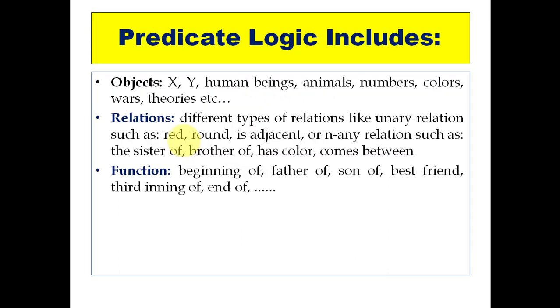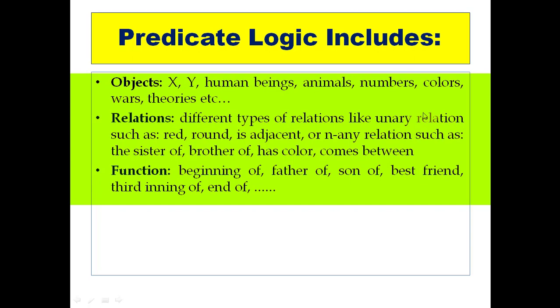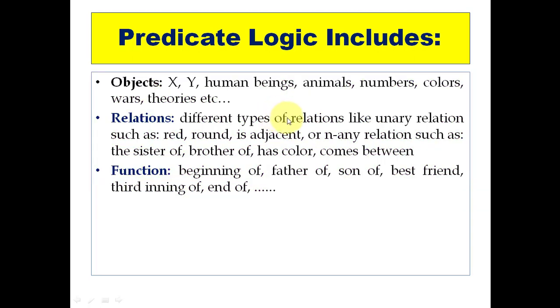So in predicate logic, we have objects, relations, and functions. Objects mean anything like x, y, human beings, animals, numbers, colors, words, theories, etc. Relations mean different types of relations like unary relations such as red, round, is adjacent, or n-ary relations such as sister of, brother of, has color, comes between.